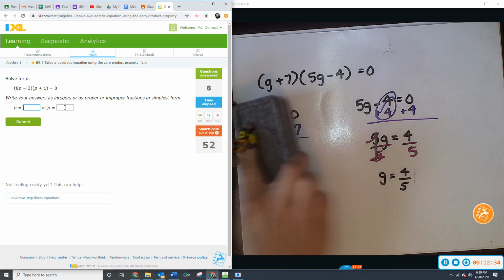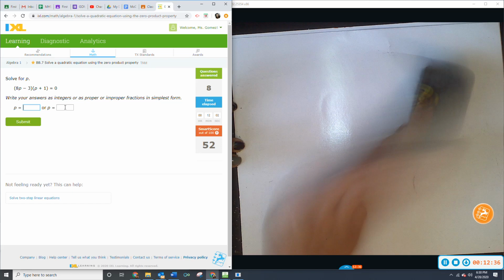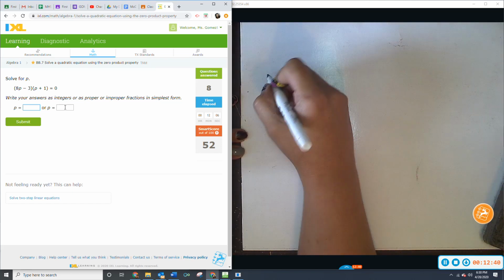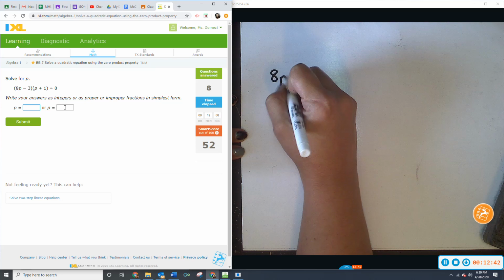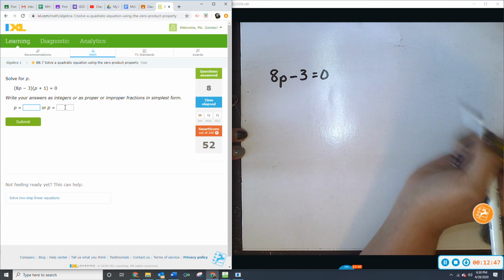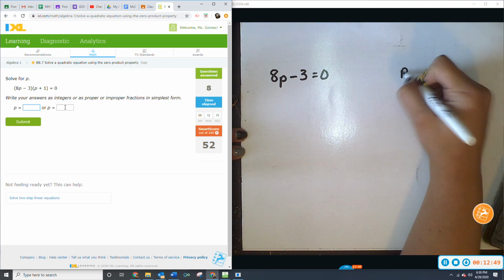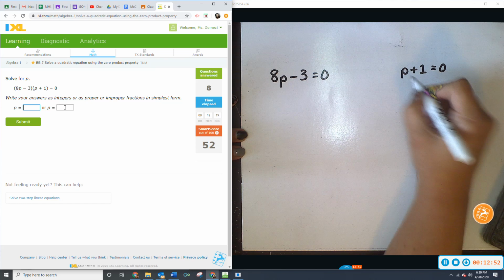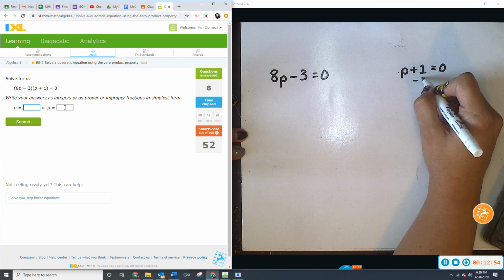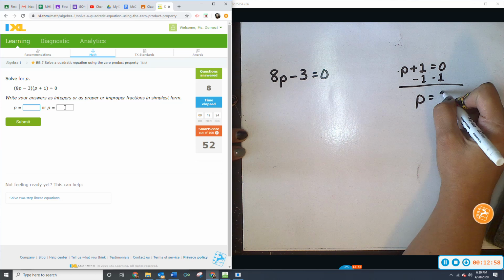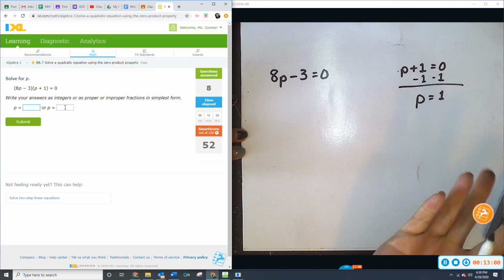I'm getting a little lazy here, so I don't feel like rewriting it, especially because it's right there. So I'm going to take my first factor, which is 8p minus 3. Again, be careful with those p's. Equal to 0, and then p plus 1 is equal to 0. Well, that's just easy. I see that I should end up with p is equal to negative 1, which is the opposite of what the original factor was.